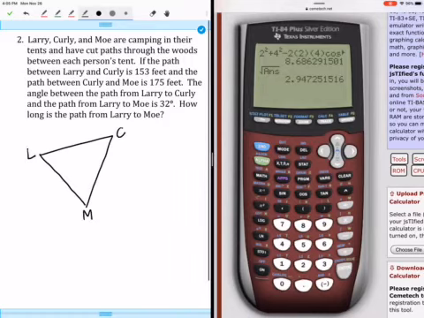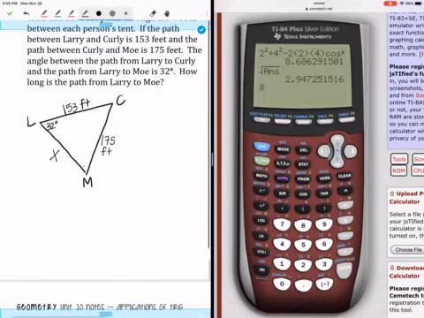If the path between Larry and Curly is 153 feet, and the path between Curly and Mo is 175 feet, the angle between the path from Larry to Curly and Larry to Mo is 32. So the angle right here at Larry is 32 degrees. The question is, how long is the path from Larry to Mo? So this is what we're looking for here.